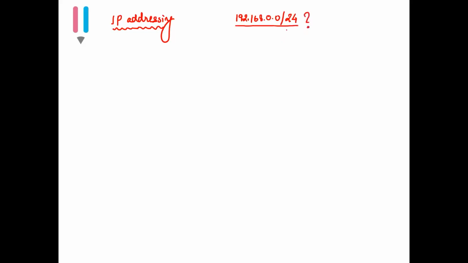And how many IPs can I create with this? The answer is that this is nothing but CIDR, classless inter-domain routing, and we can create 256 IPs.